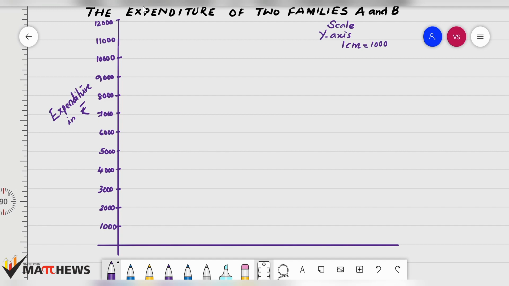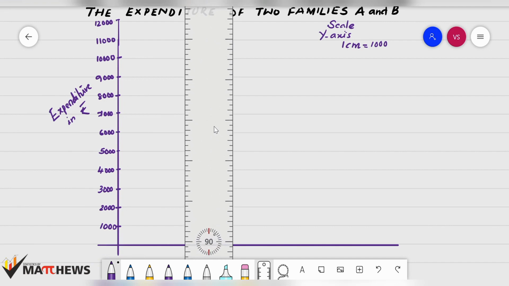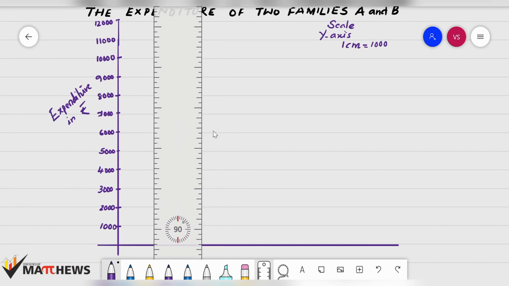So now first thing I'll be doing is drawing a bar of length 8100 for which one? Family A. So I will take this 8000, right, and this would be 100. So this would be the bar. Okay, I will take the same width, students.